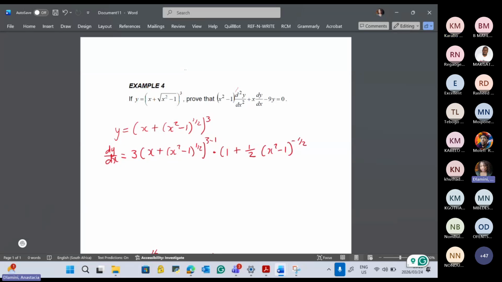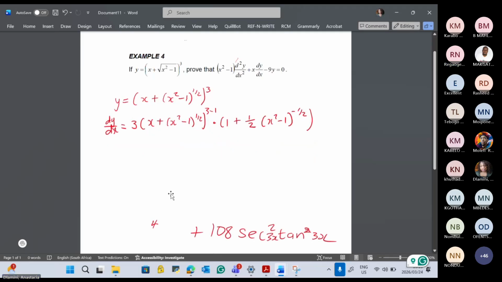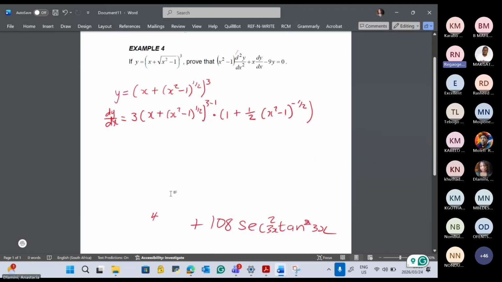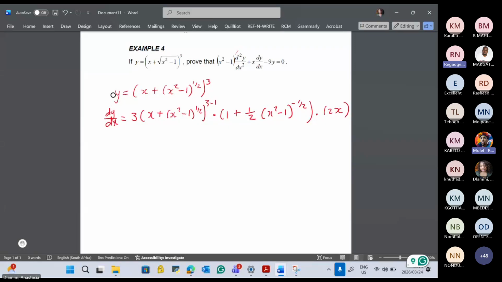Do you agree? Yes, ma'am. Times 2x, inside the bracket, before the bracket, oh sorry. Times 2x. I hope we haven't made any mistakes so far.